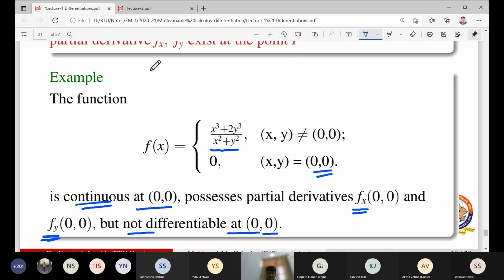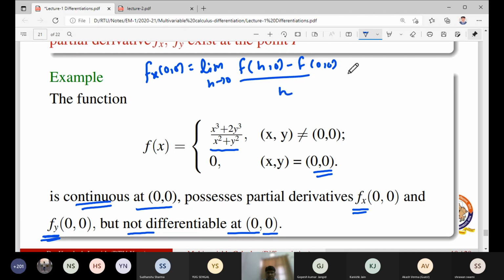So partial derivative at the point (0, 0) means limit h approaches to 0, f of (h, 0) minus f of (0, 0) divided by h.